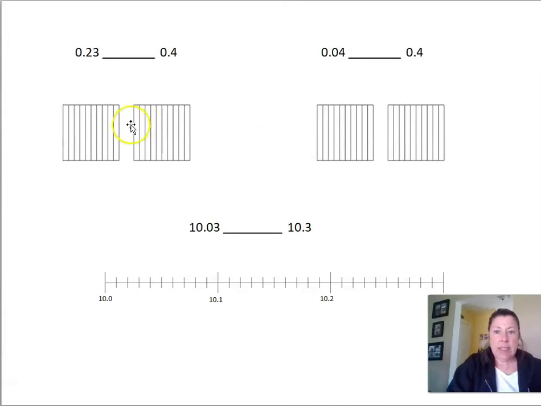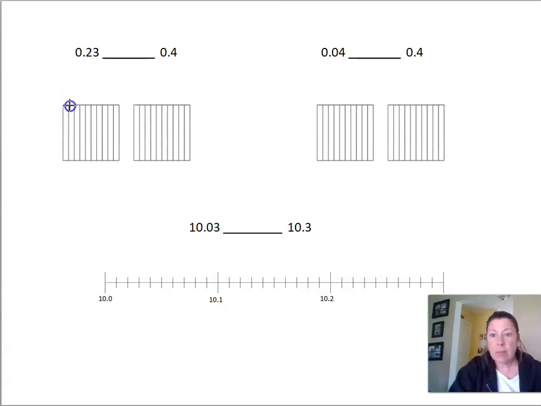So this example here is in your packet. We need to fill in the number line for 23 hundredths. Now remember that 23 hundredths contains 2 tenths and 3 little hundredths, or we can say 23 hundredths in all.